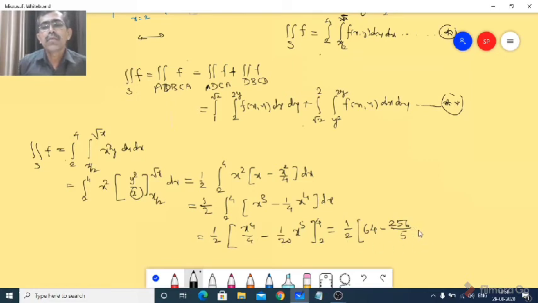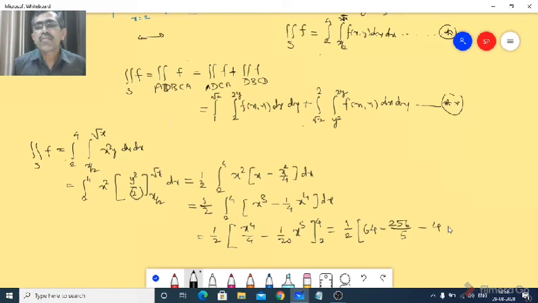Then minus the lower limit: 2 raised to 4 is 16, by 4 is 4.